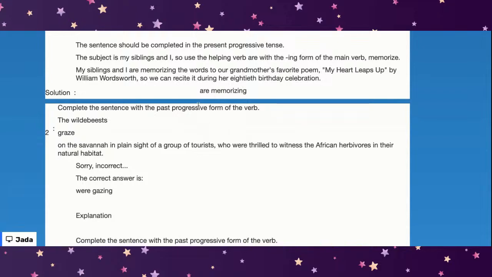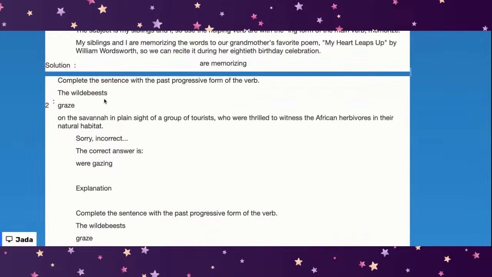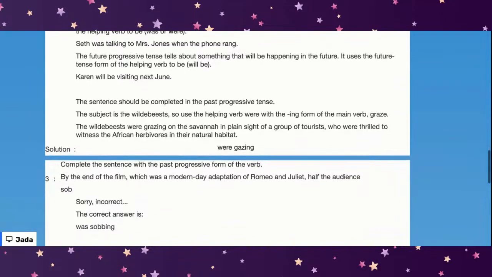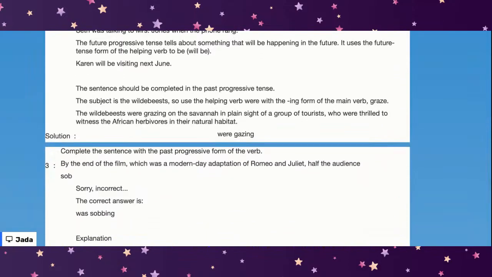Okay. This one now talks about the past. The wild beast grazed on the savannah in plain sight of a group of tourists who were thrilled to witness the African herbivores in their natural habitats. So, past, okay, so it will be they were grazing.